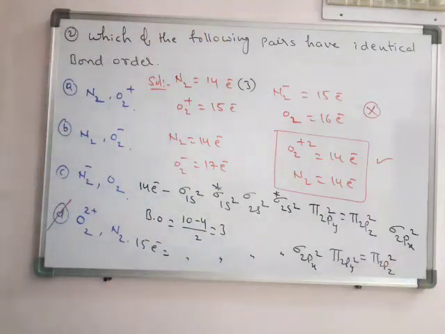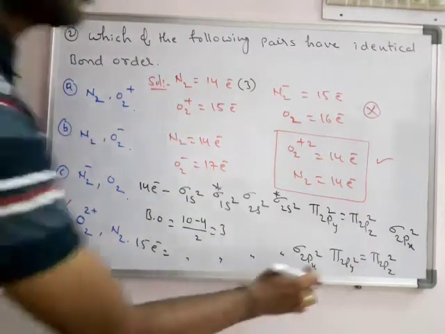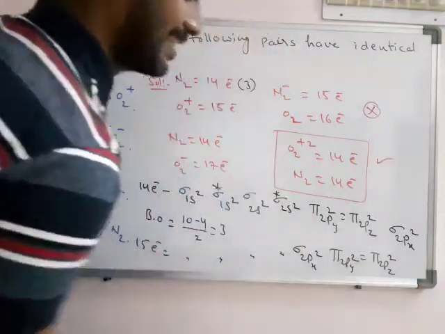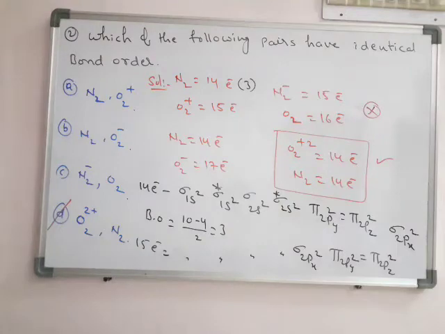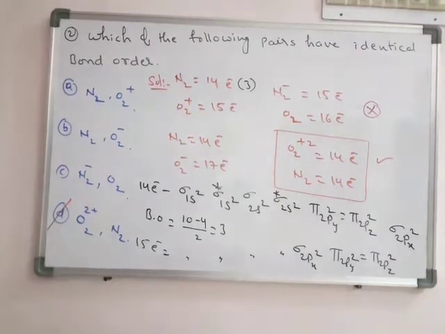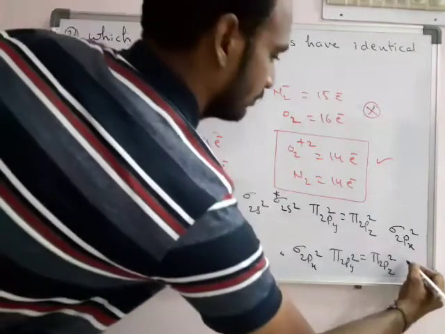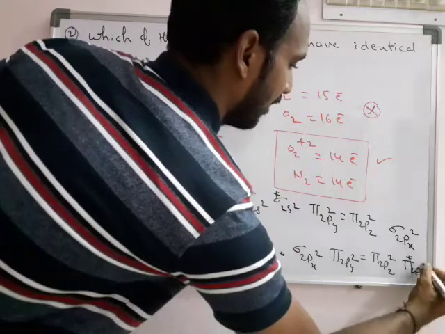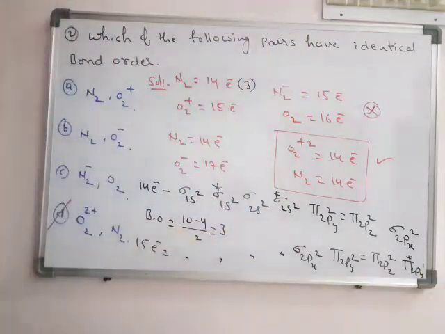We need to get 15 electrons, so one more will enter, that is pi star. Pi star gets one more electron. So pi star 2py1, it can be filled in either y or z, 1 electron is there.